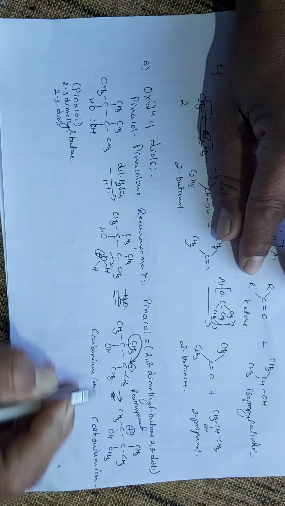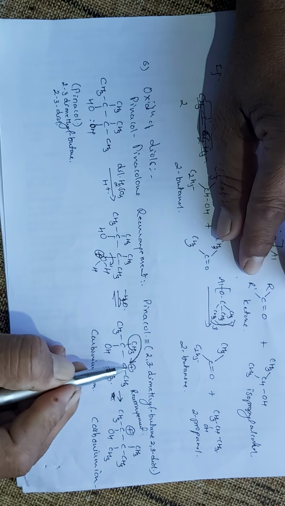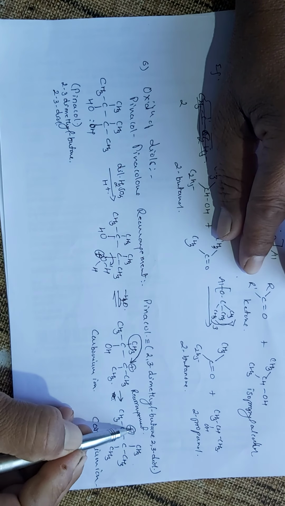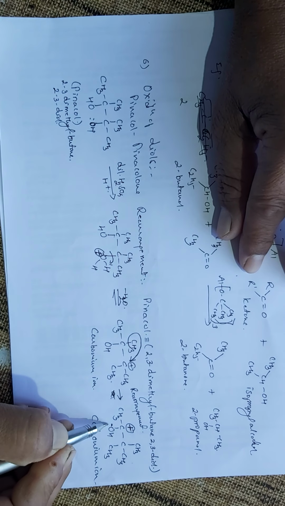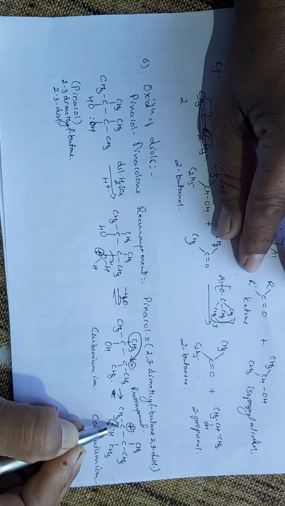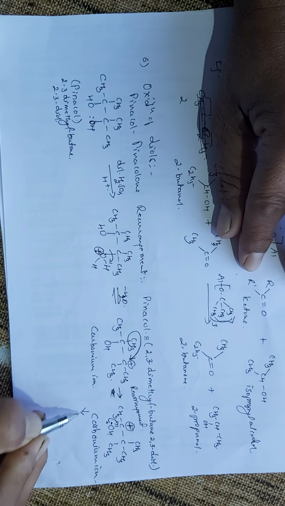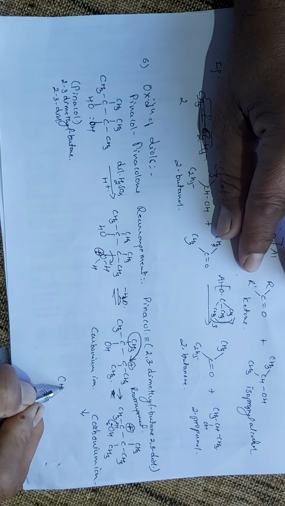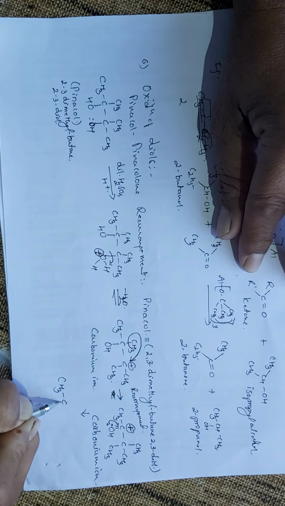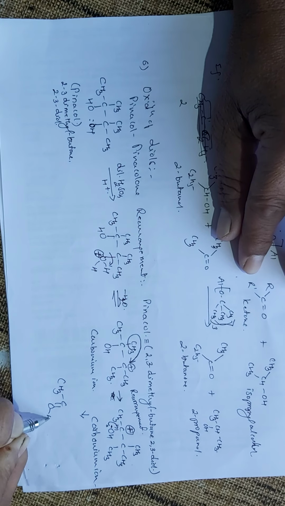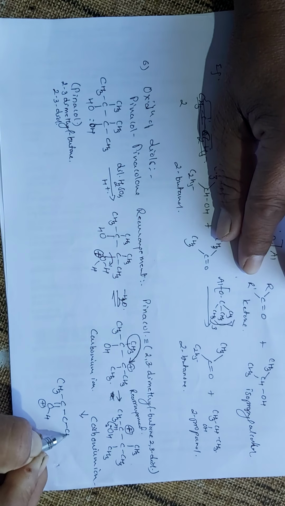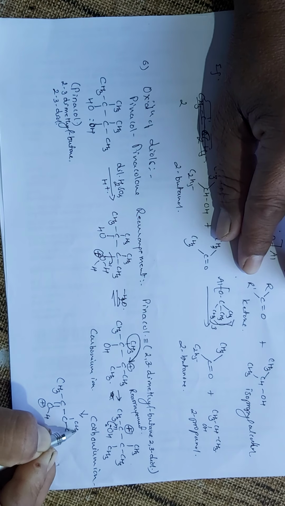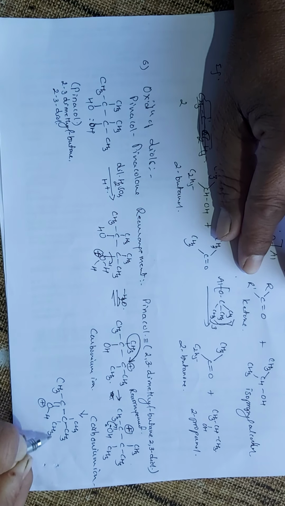Now, why does the methyl group get shifted? The methyl group gets shifted because the positive charge on this carbon, the carbonium ion, is stabilized by the electron donating oxygen, which gives its electron pair here, and so you get the formation of CH3 C double bond OH plus, and here you will get CH3 CH3 CH3.